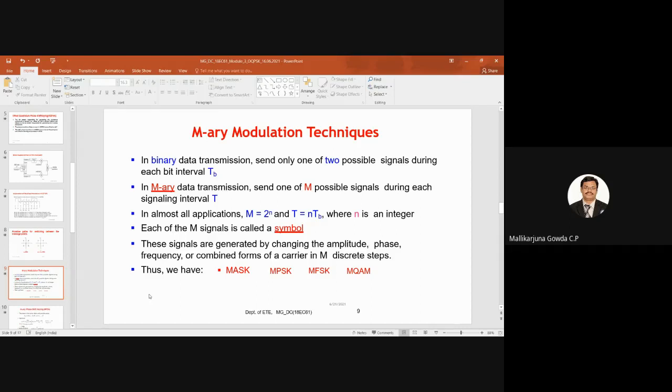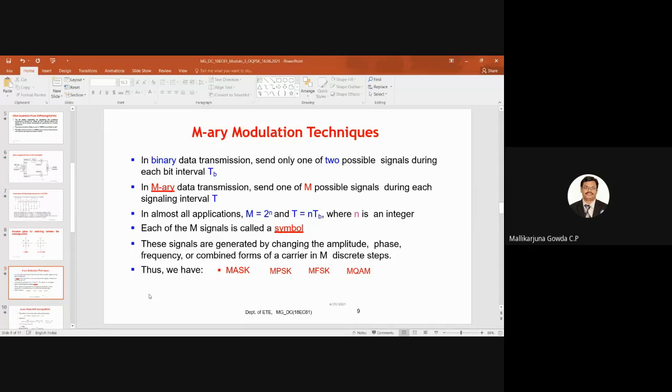In case of M-ary data transmission, it is possible to send M possible signals during each signaling interval, which is denoted as capital T, that is symbol interval or signaling interval. That is the difference between binary data transmission and M-ary data transmission.